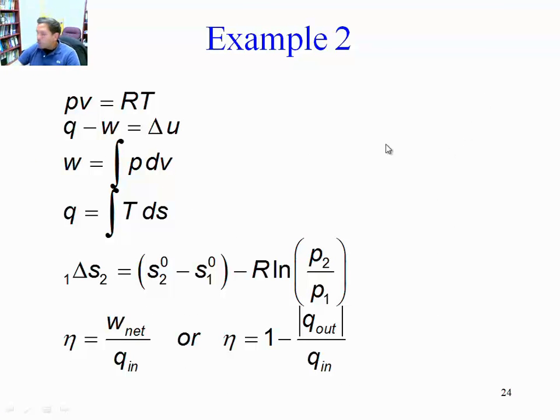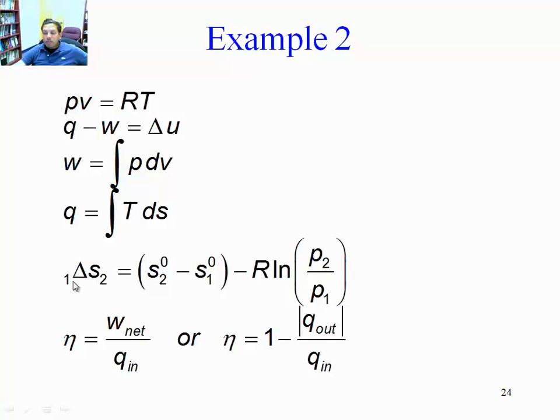These are the equations we have. PV equals RT. It applies because this is a problem involving an ideal gas. First law of thermo is that Q minus W is equal to delta U. Work is the integral of PdV on each one of these processes. Q is the integral of TdS on each one of these processes, if we can use that for anything.